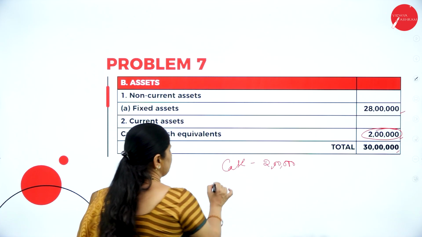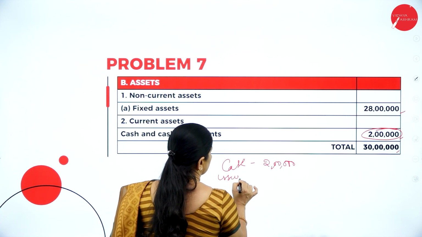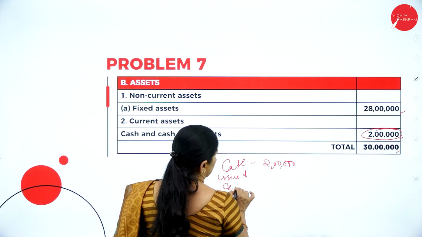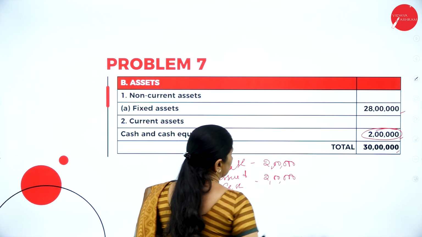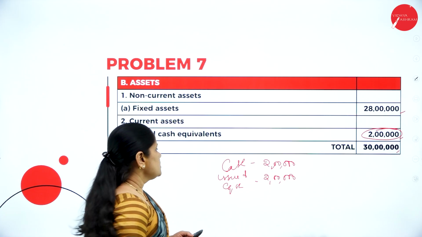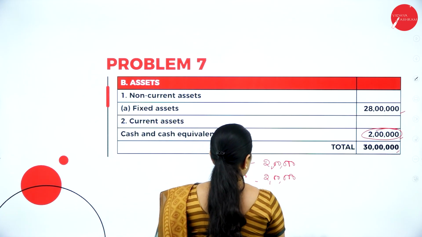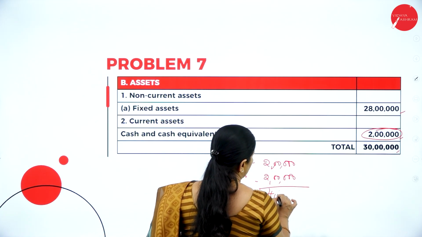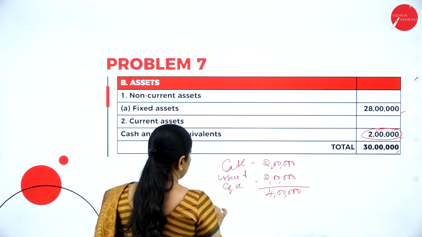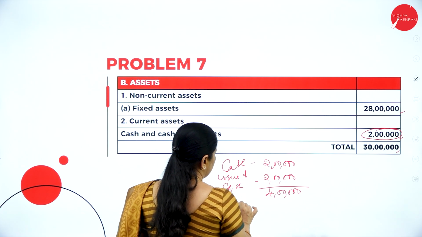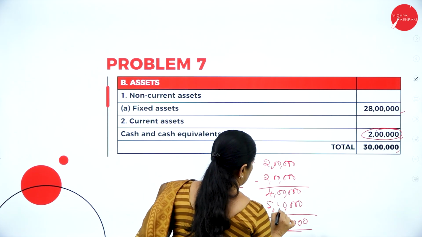So totally we are having 4 lakhs. So what is the shortfall? We have 4 lakhs cash now, but what is the payment to preference shareholders?